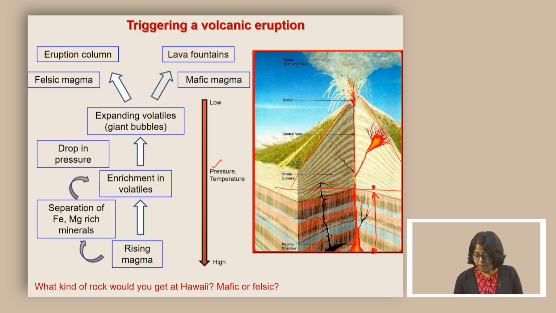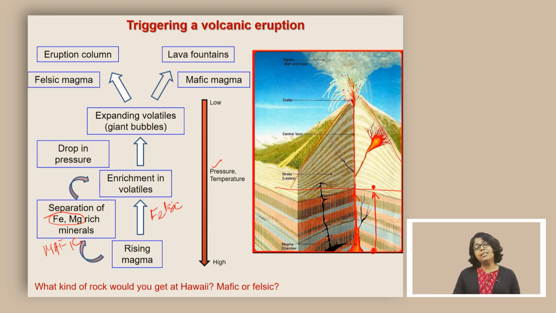But first, because things are rising up and also because things are losing heat, we are going to see first settlement of certain minerals, and those minerals are going to be rich in iron and magnesium. So, we are going to see the separation of mafic minerals. What that means is the remaining magma is going to have an enrichment of felsic mineral, and it is also going to have an enrichment in volatiles.